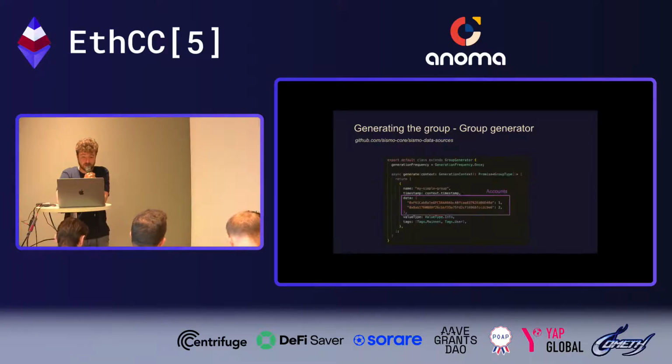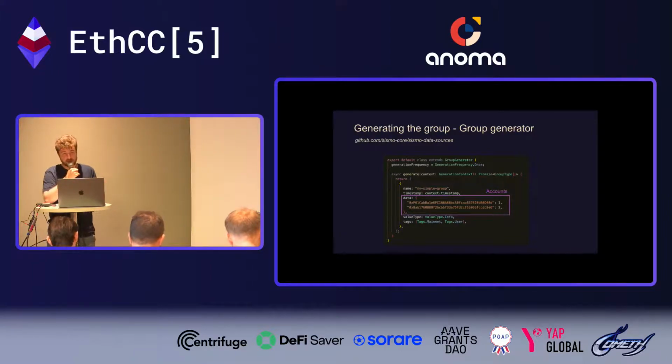So, for instance, here we can see what a group is. It has a name, a timestamp, some tags for easy matching and searching, and it has the data. The data is the account identifier and the account value. The value can then be associated with the attestation's value.